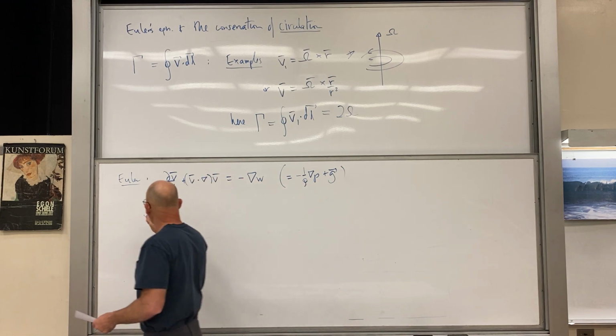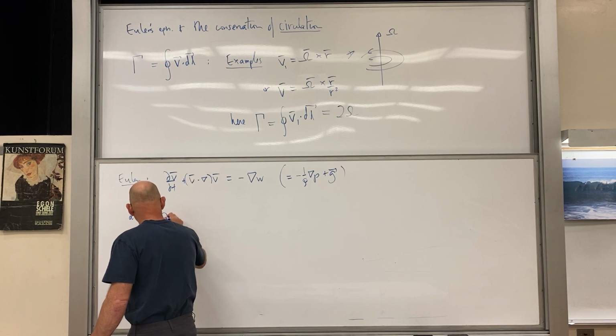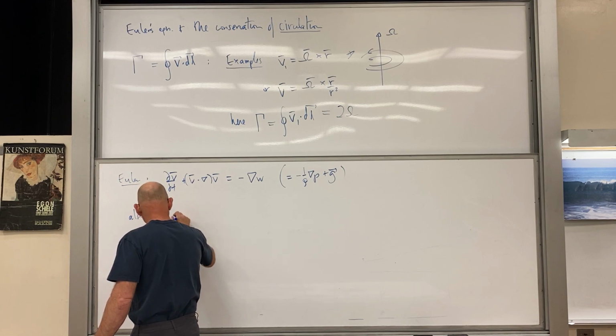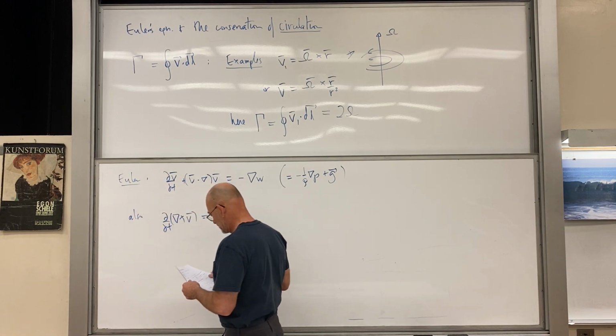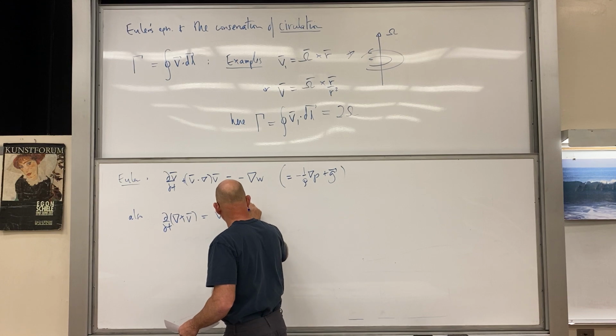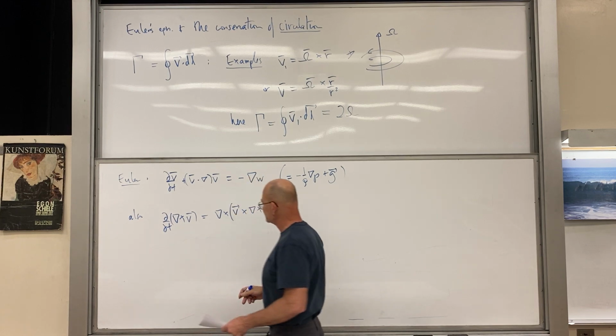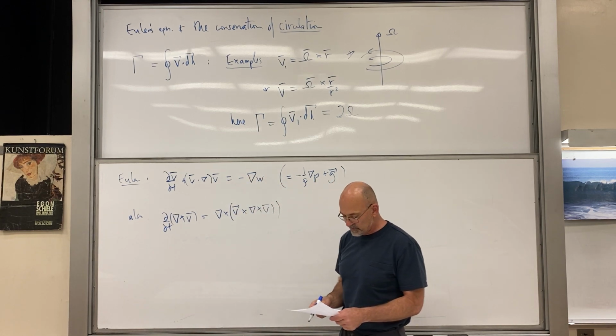Also, when we took the curl, we had d dt of curl of v equals curl of v cross curl of p. That was another form of Euler's equation.